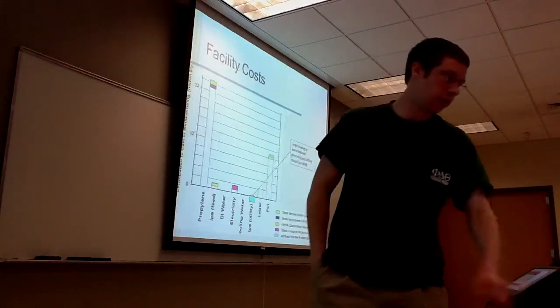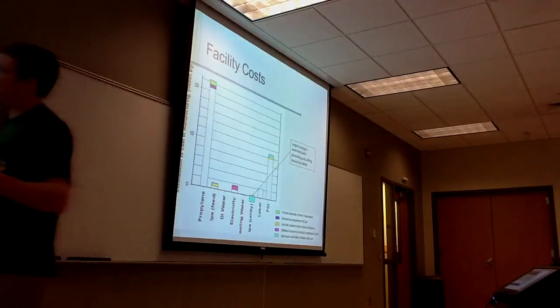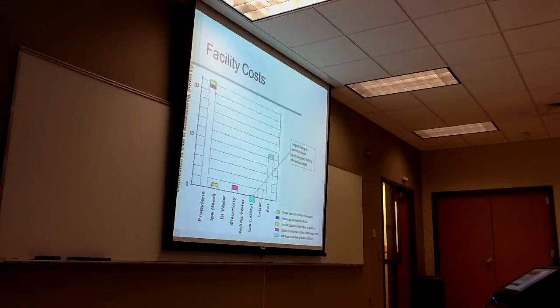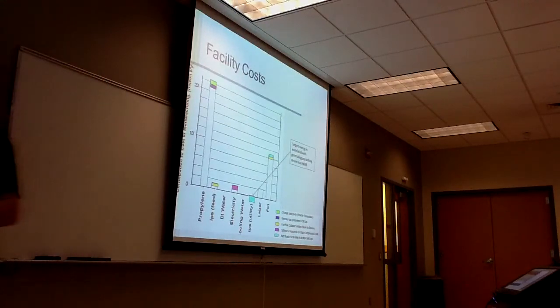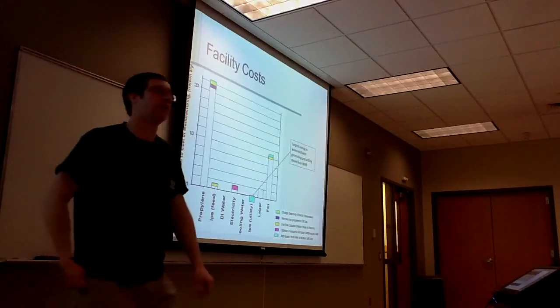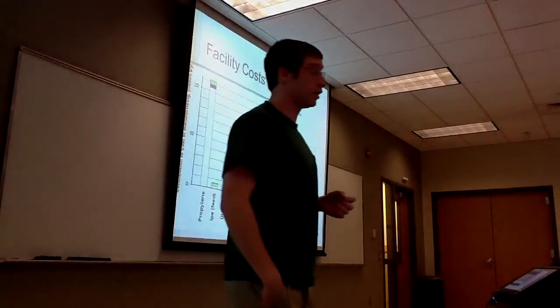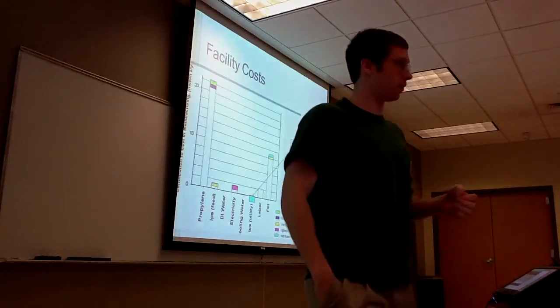To show that, when you add the costs into consideration, the utility costs are the largest savings. So by changing the utility costs, you can save the most money throughout the facility.